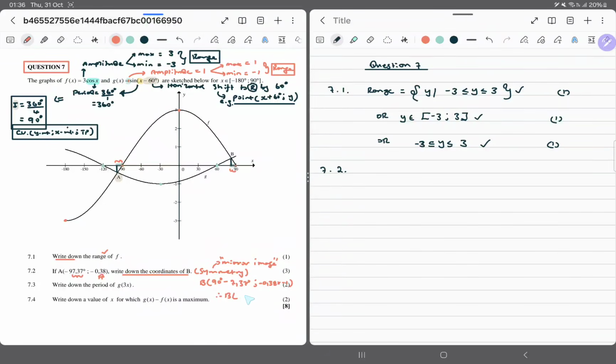Therefore, point B would be 90 minus 7.37. This gives us 82.63 degrees is to the positive 0.38. Can you see? So just write it down. B is going to be 82.63 degrees is to 0.38. All right.